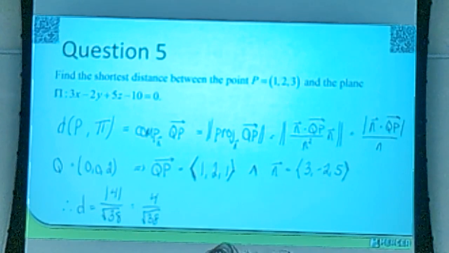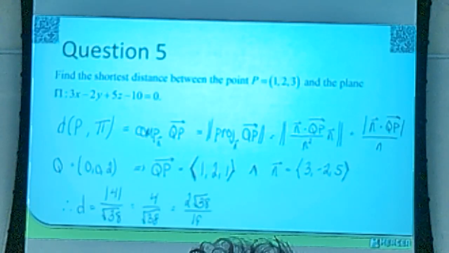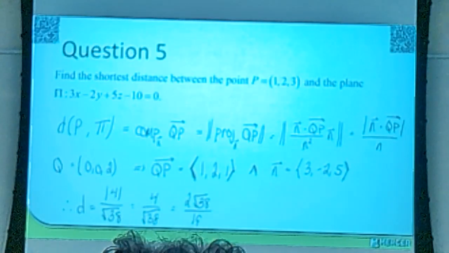Which could simplify if you wanted to. If you want to write it where there's no square roots in the denominator, that'd be what, 2 root 38 over 19? I think the 4 over root 38 looks simpler.